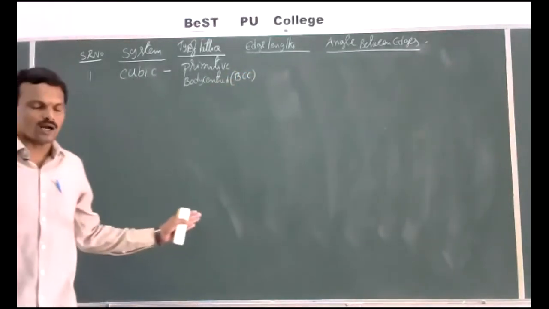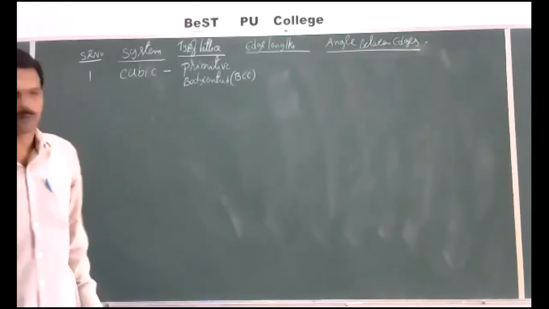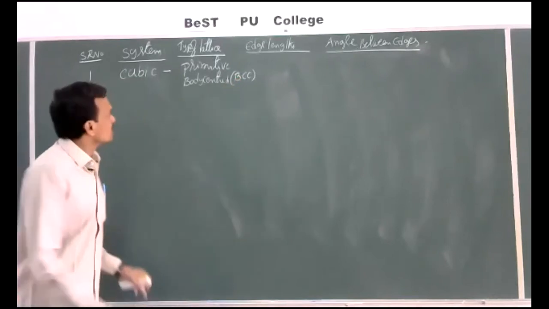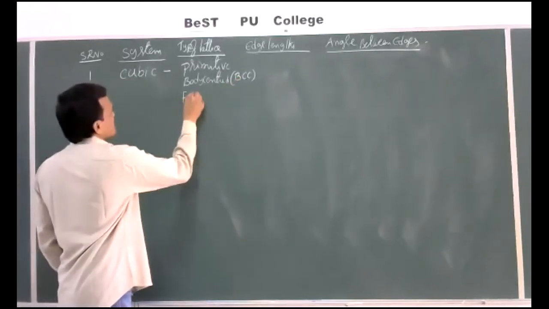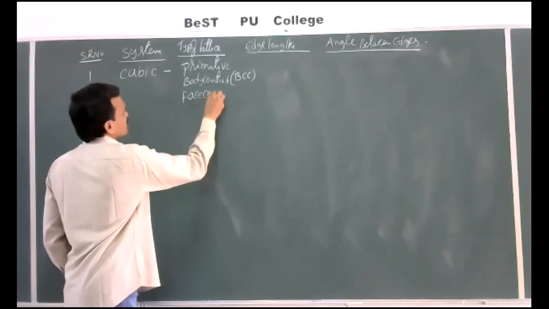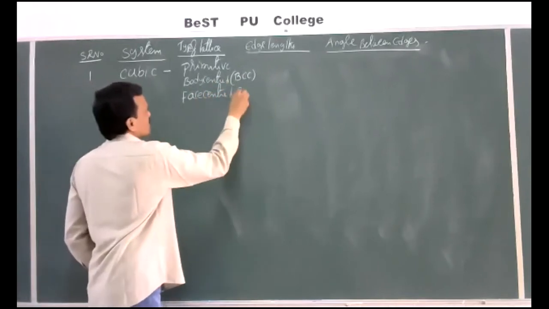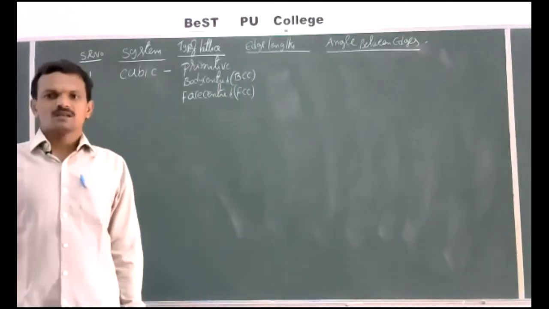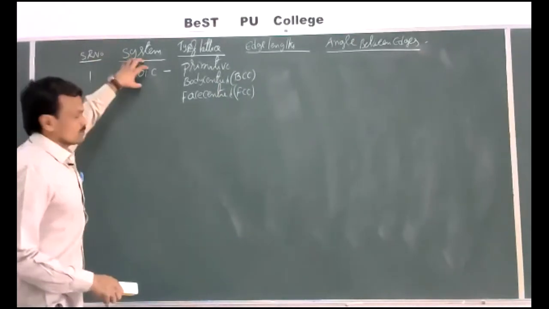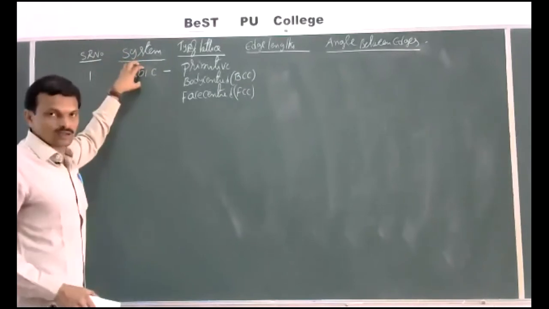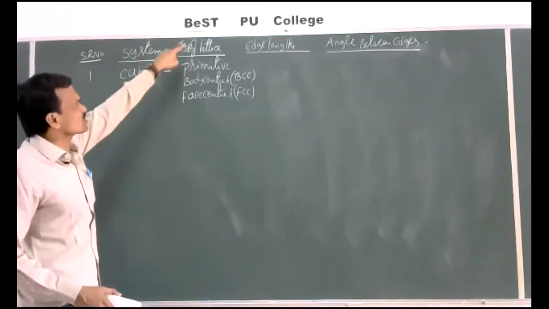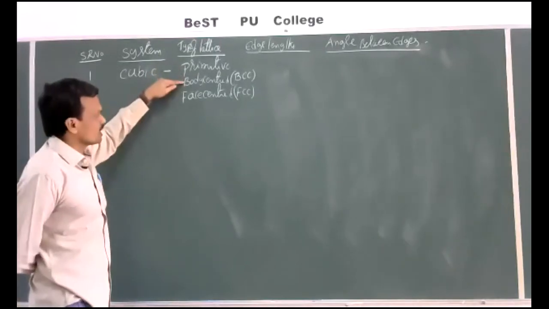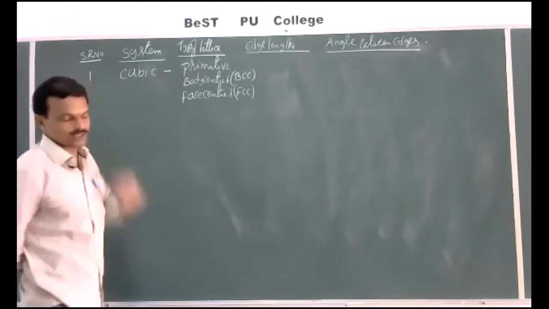Instead of writing completely body centered cubic lattice, in a short form will represent as BCC, body centered cubic lattice. And one more is face centered, nothing but FCC lattice, face centered cubic lattice. So this cubic system contains three different types of lattices. One is primitive, second one is body centered, third one is face centered.